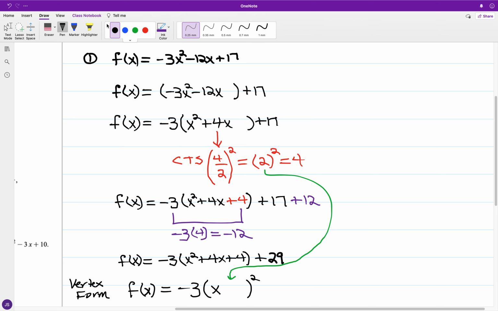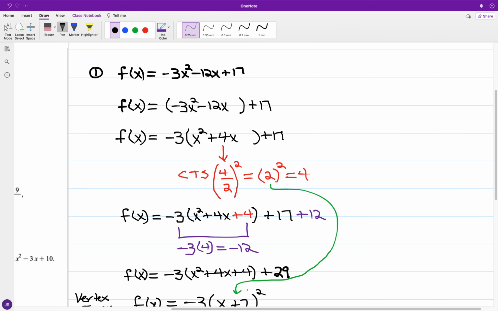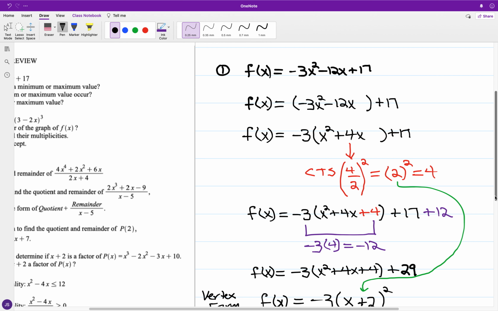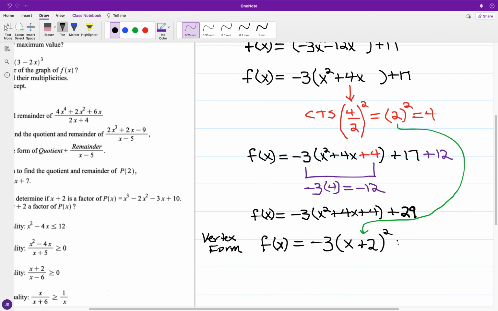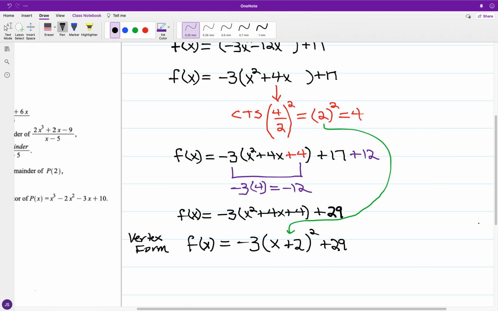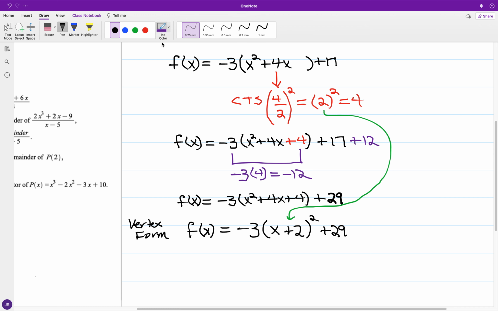So we're going to have negative 3 times the quantity of x plus 2 to the second, followed by the addition once again of 29. And so in this particular case, we have a, h, and k.